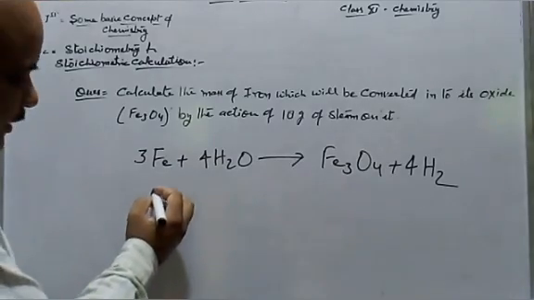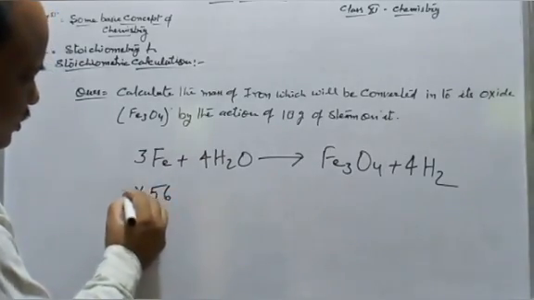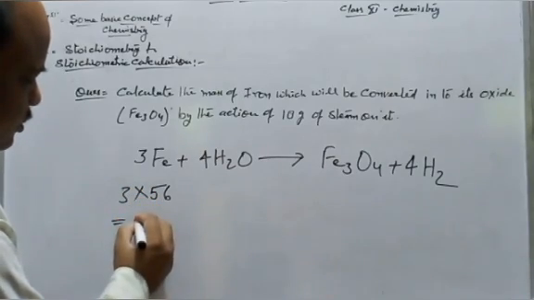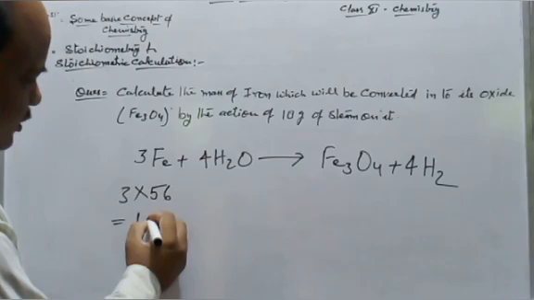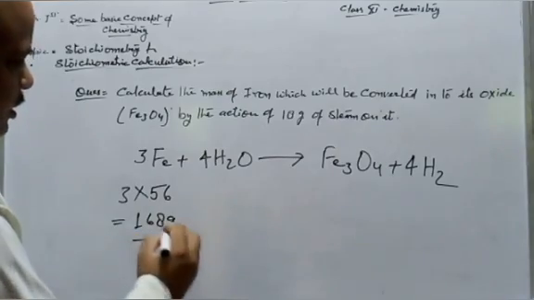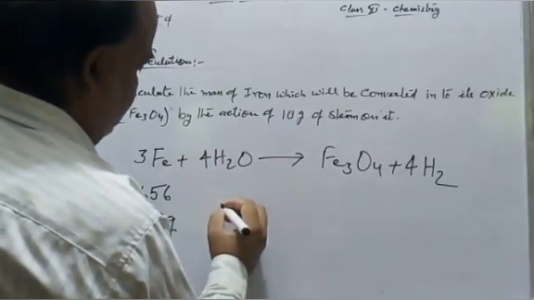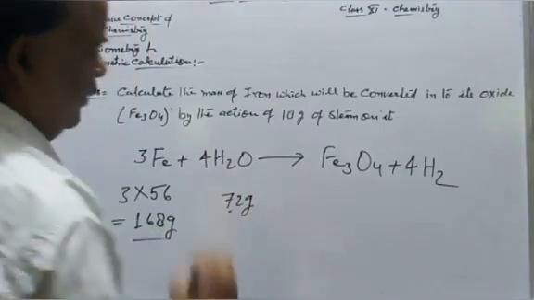The atomic mass of iron is 56 into 3 equals 168 gram and 72 gram water vapors.